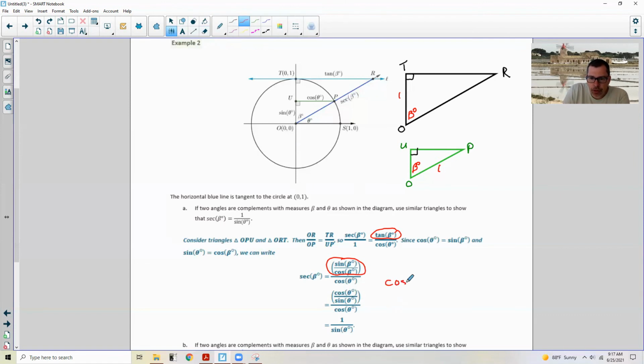If I have the cosine of theta over the sine of theta, and I'm dividing it by cosine of theta, think of that as cosine theta over 1. You multiply by the reciprocal, which would be 1 over the cosine of theta. And these cancel, and we get 1 over sine of theta. And that's what they're trying to prove right here.